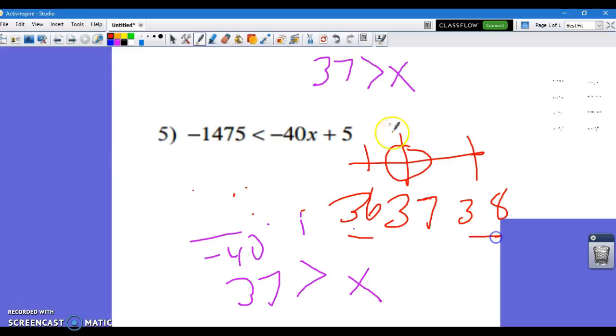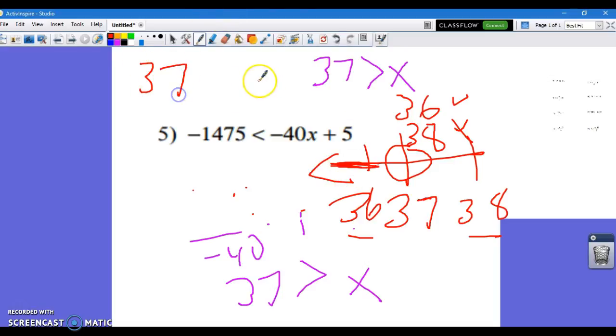I have a 36 or a 38. Let's read. 37 is greater than 36. That is true. 37 is greater than 38. Not true. So my answer will be going towards the left. In your remote, you would have put 37 greater than, 2 L's for the left.